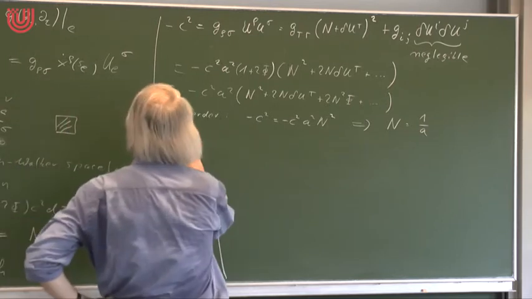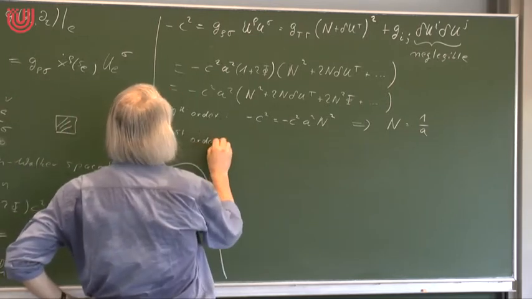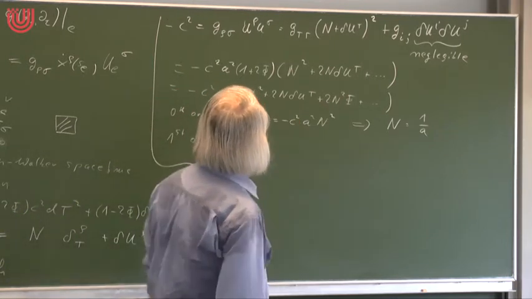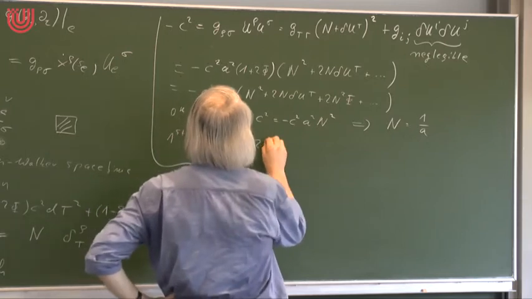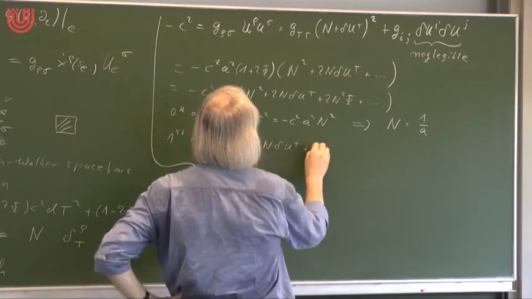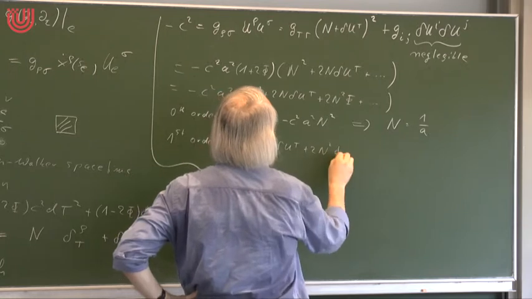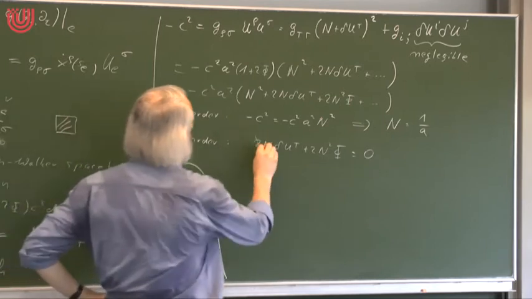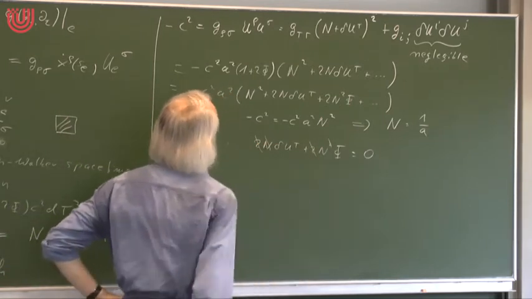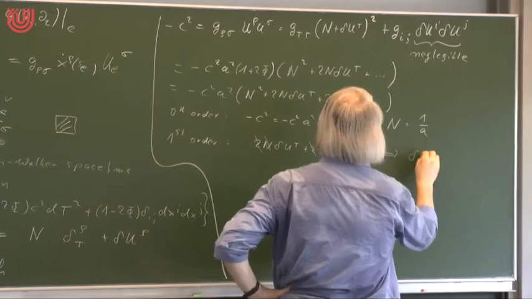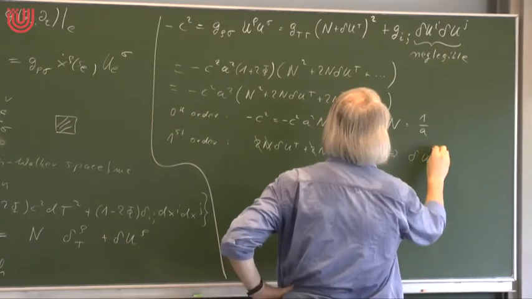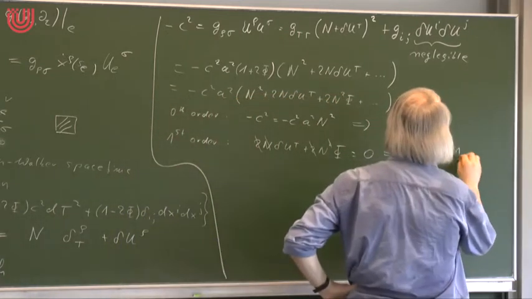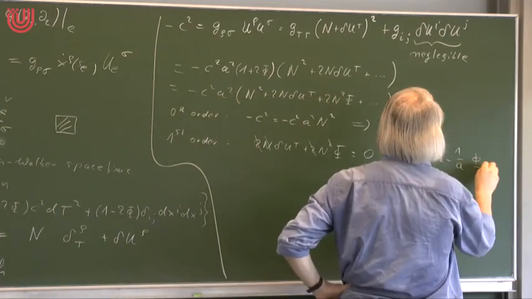And the first order, then these two terms have to cancel each other. So we must have 2n delta u^t plus 2n squared phi must be 0. So this means delta u^t, I know it's upstairs, sorry, is minus n, that's minus 1 over a, times phi.